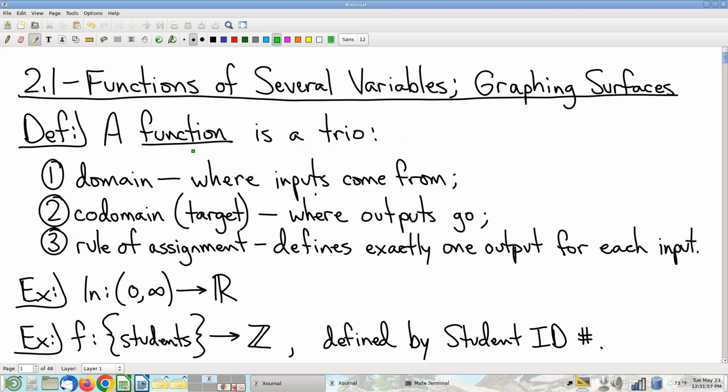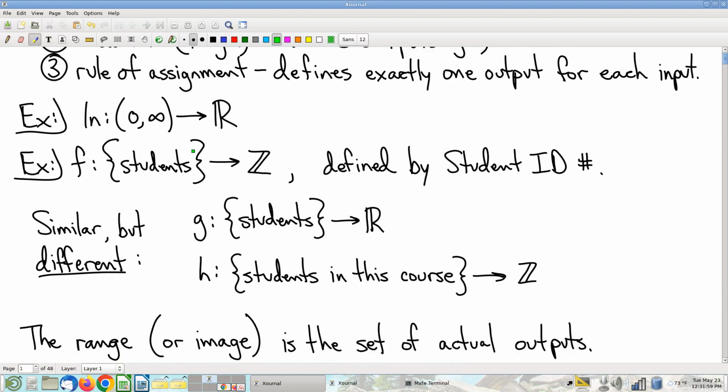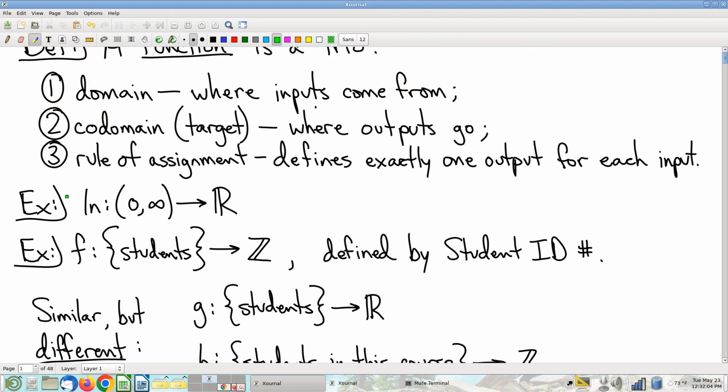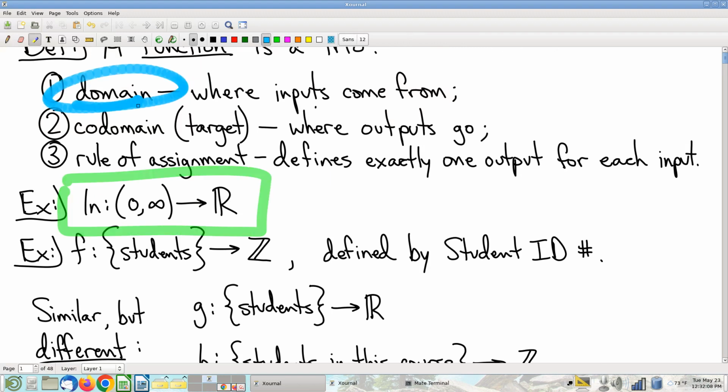Okay, now just as a silly example, well, I guess I'll go ahead and do this first example first. Here's a function. We have a domain. All of the positive real numbers are allowed to go into this function called natural log. Right? There is a target. All of the values that you get when you compute natural log of a positive real number will always be real numbers.